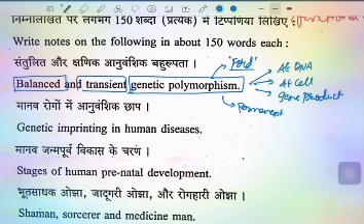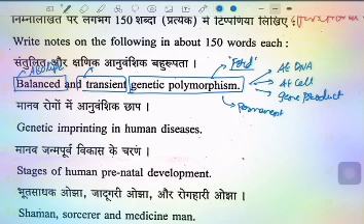When I talk about balanced polymorphism, it is more of a selective advantage that is seen, and one classic example for balanced polymorphism can be the ABO type. And with respect to the transient kind of genetic polymorphism, it is all about the process of mutation.